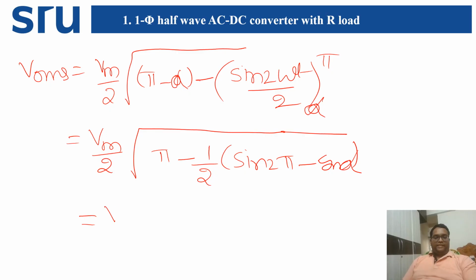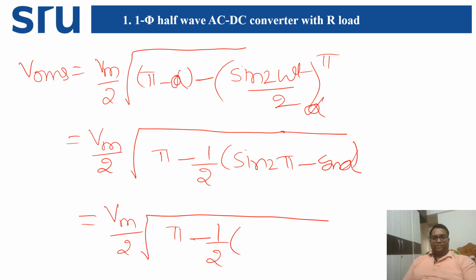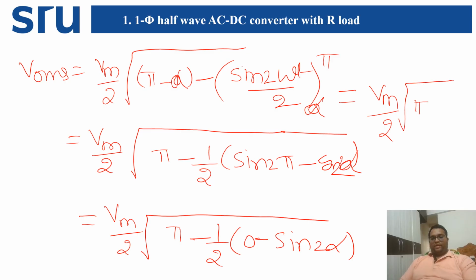Then finally, Vm by 2 square root of pi minus 1 by 2 times sine 2 pi, meaning 0, minus sine 2 alpha. Then the final answer will be V naught RMS is equal to Vm by 2 into square root of pi minus alpha plus 1 by 2 sine 2 alpha. This is the final answer for the V naught RMS.